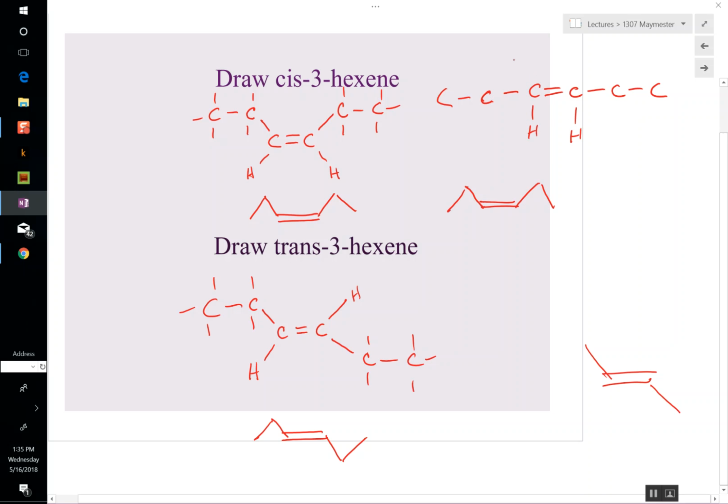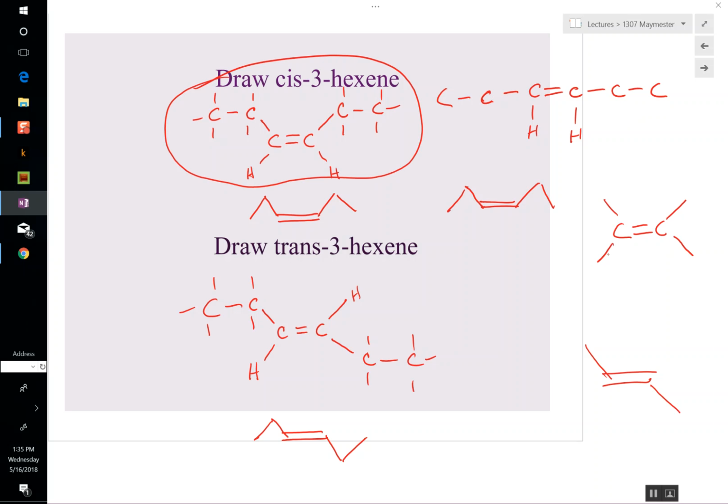I like to see it like this. So always think of this configuration around a double bond. Things are going to be coming out at an angle.